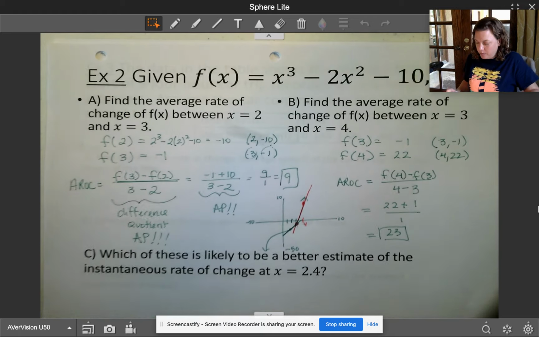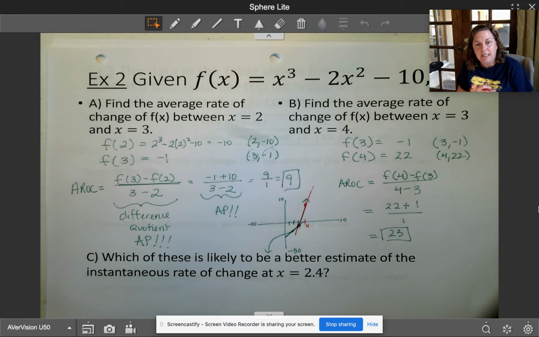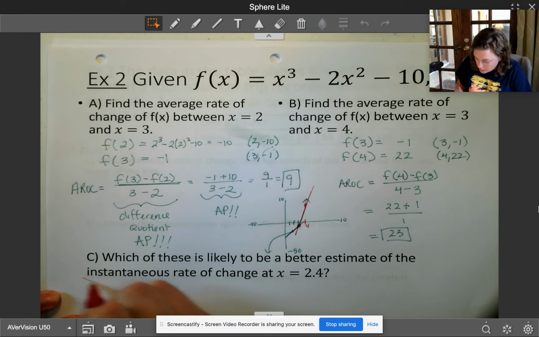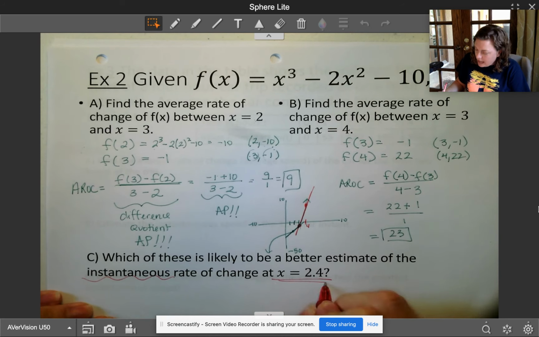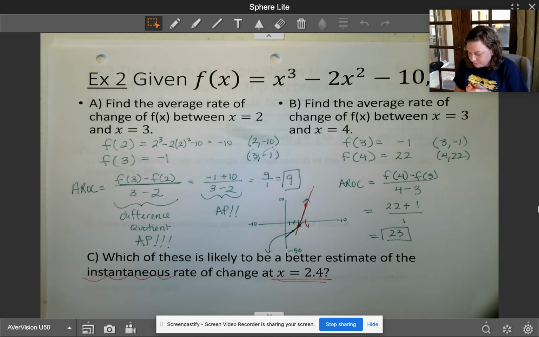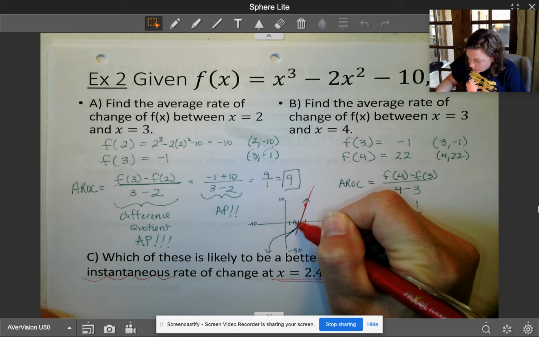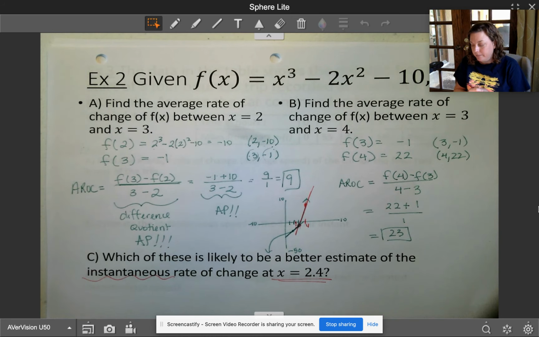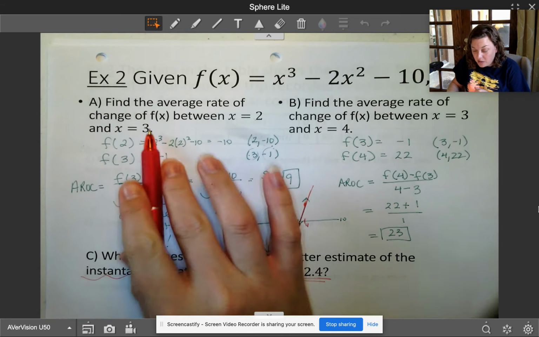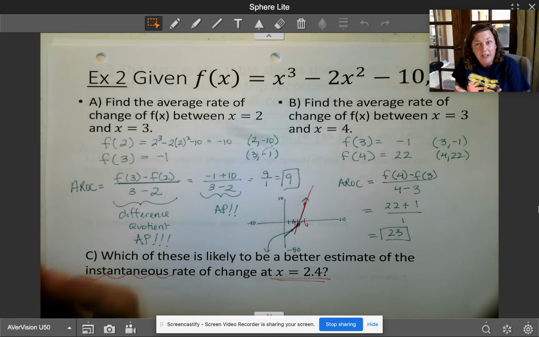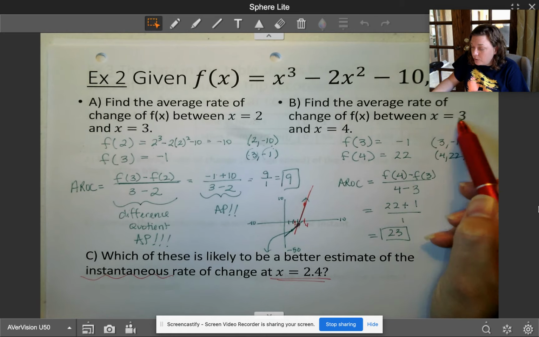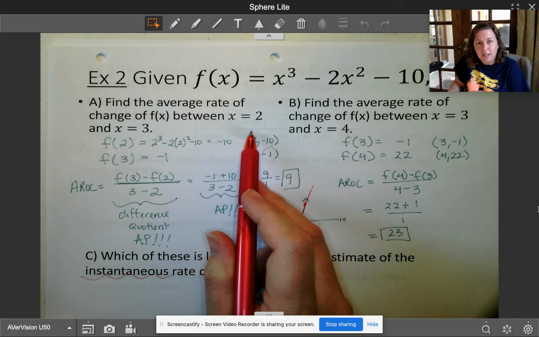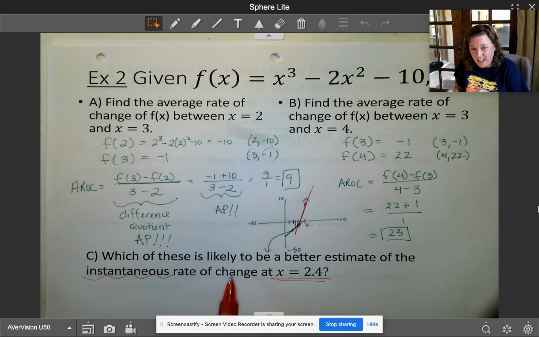And so then the follow-up question is, which of these is likely to be the better estimate of the instantaneous rate of change at x equals 2.4? Well, 2.4 is about right here, which falls in between 2 and 3. So what is better? Is it better to be in an interval between 3 and 4, or do you think it's better to be in the interval that actually contains your value?